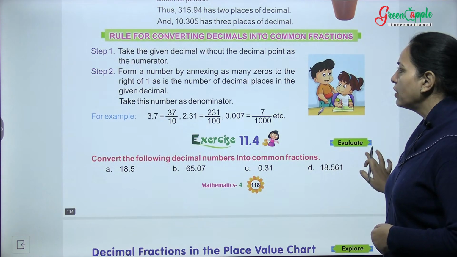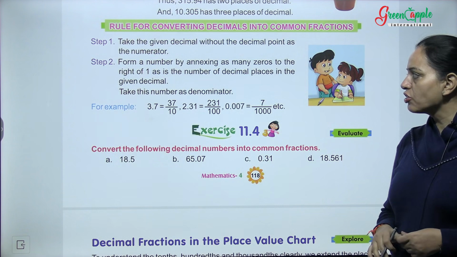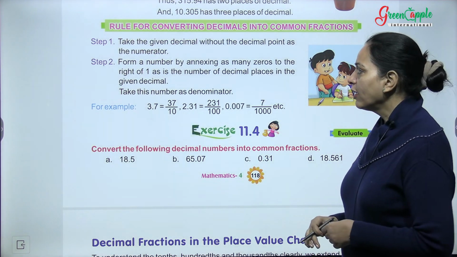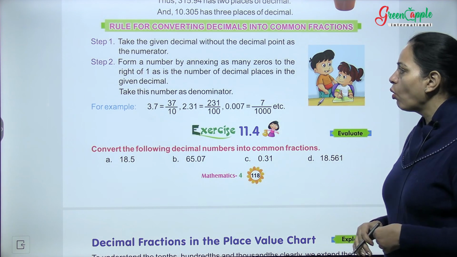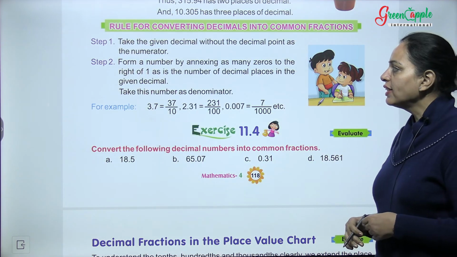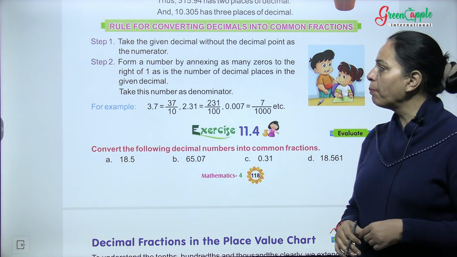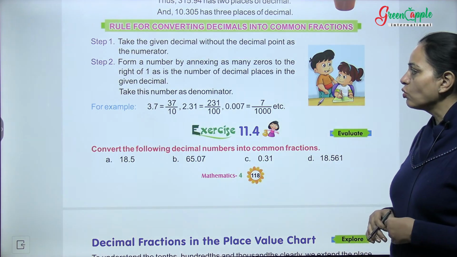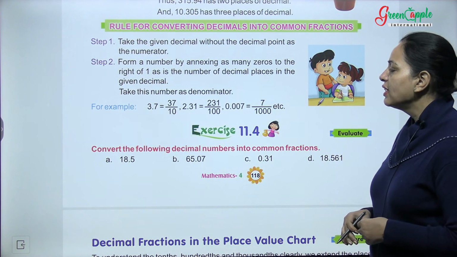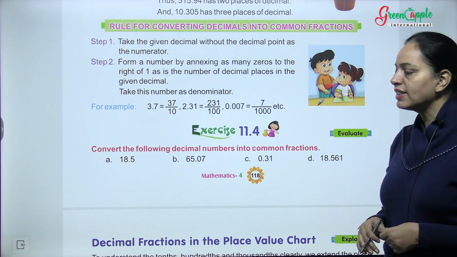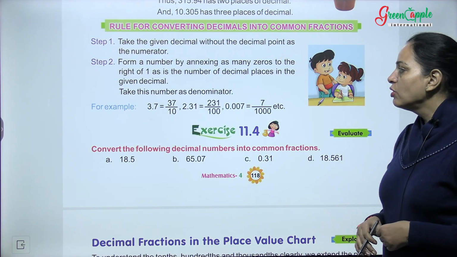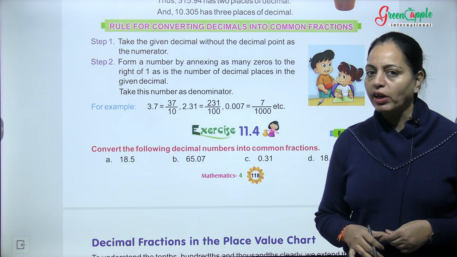Now rule for converting decimal into a common fraction. Step 1, take the given decimal without the decimal point as the numerator, and step 2, form a number by annexing as many zeros to the right of 1 as the number of decimal places in the given decimal. So take some example like 3.7.